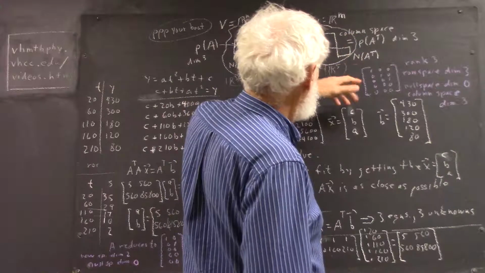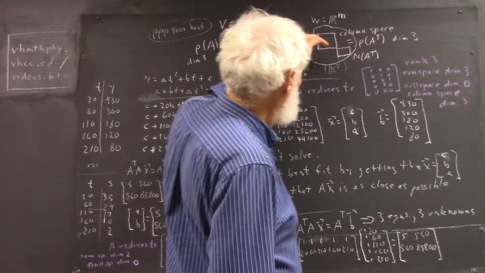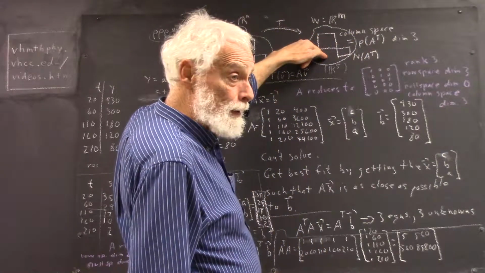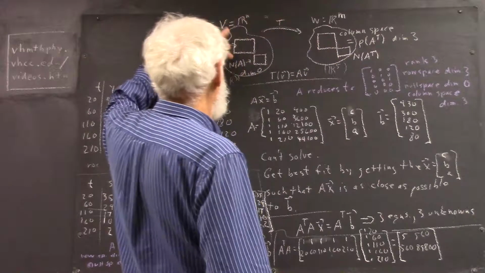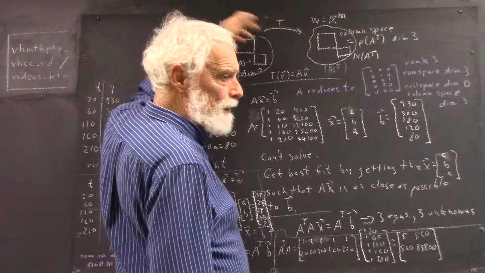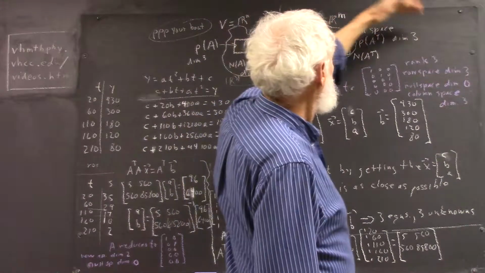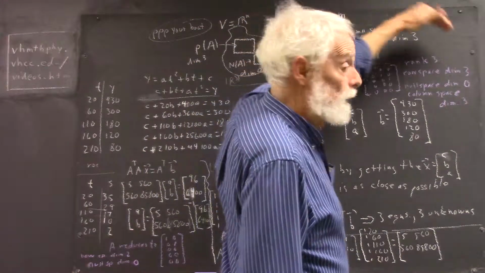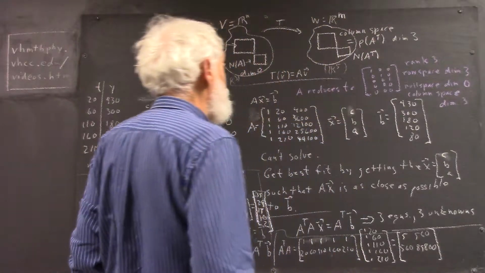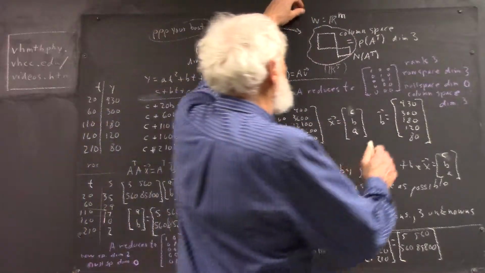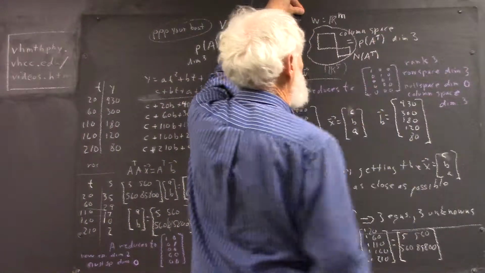Now over here, you have to apply the transpose to these vectors if you want to map them, and you're not going to really map them back to here, although you could, but that wouldn't be relevant. So just imagine you use the transpose to map this 5-dimensional space over to some other 3-dimensional space. In any case, you have your row space of A transpose, your null space of A transpose.